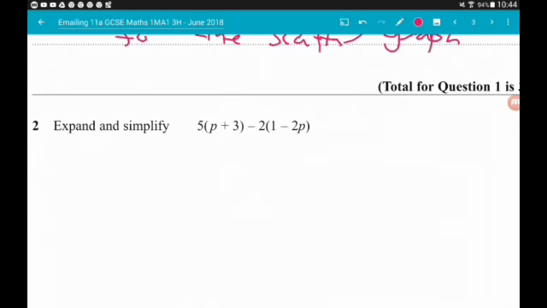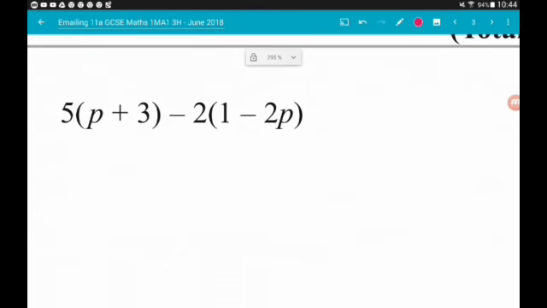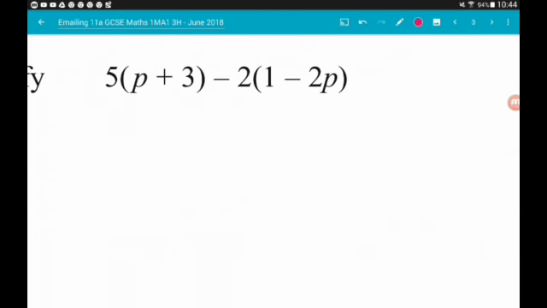Okay, question 2. Part 1 says to expand and simplify this. So, let's expand the brackets. 5 times p plus 3 is 5p plus 15. And then we go minus 2 times 1, so that's minus 2.